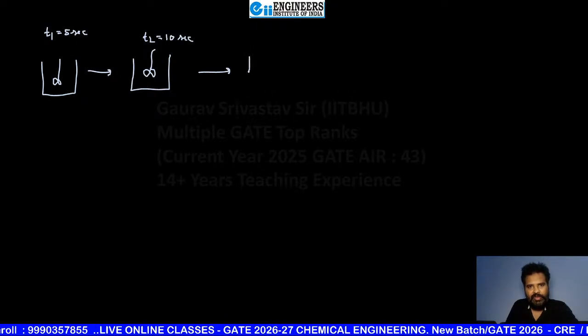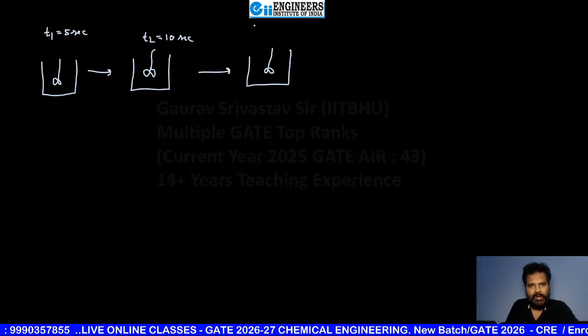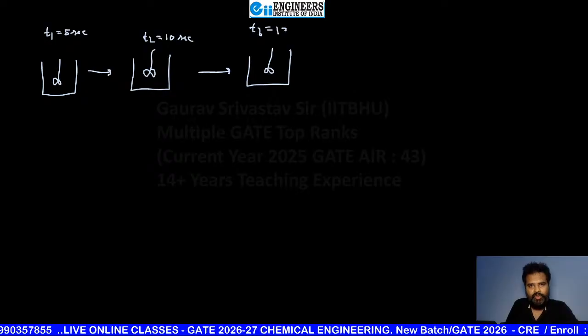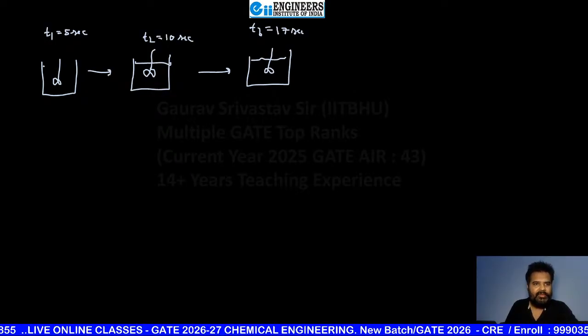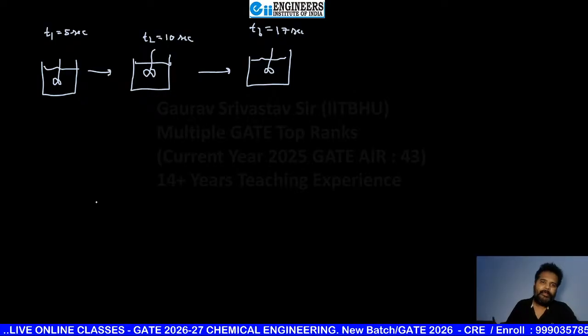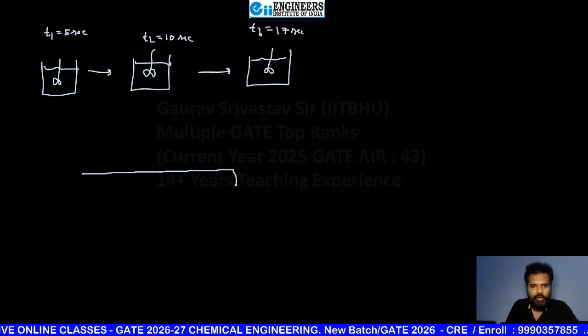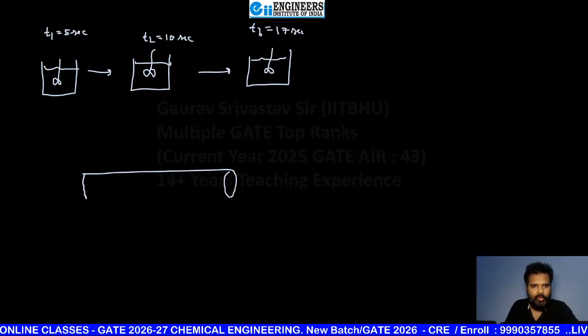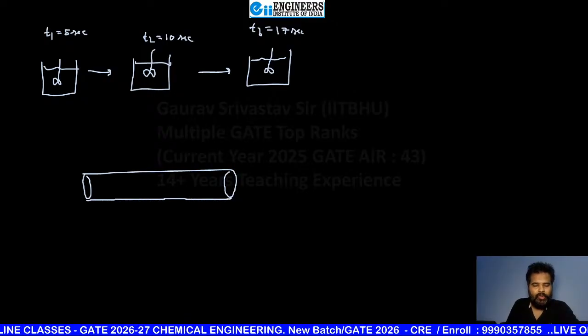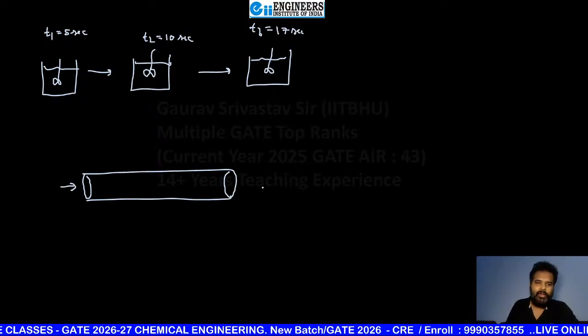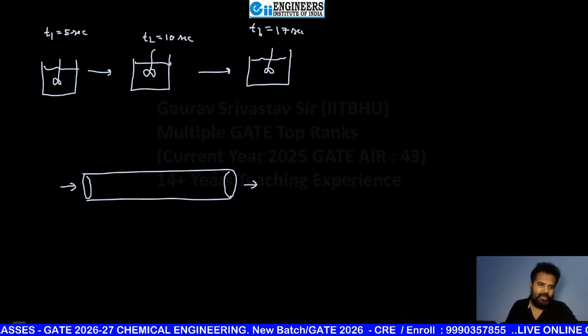The same batch reactor you are seeing at time t3 is equals to suppose 17 seconds. Okay, the same batch reactor you are seeing at different time. And this is one beautiful plug flow reactor. Okay, in out, every time in out is there.